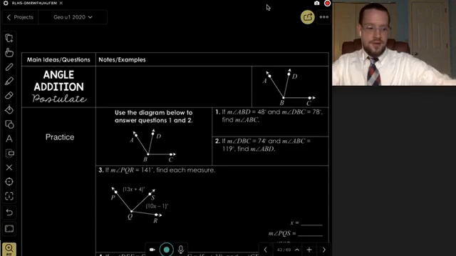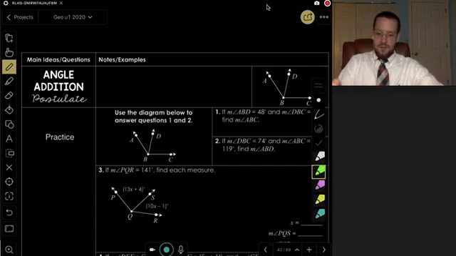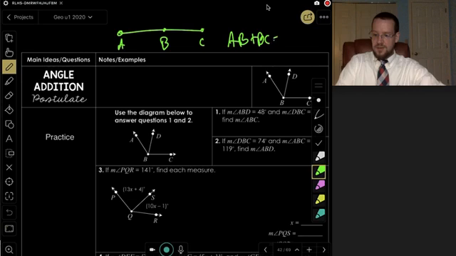So the angle addition postulate, just like segment addition, has a very similar construct to our segment addition. You'll remember that if we had A, B, and C, we would say that AB plus BC is equal to the whole thing, AC.